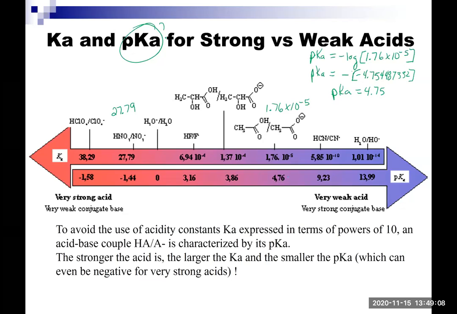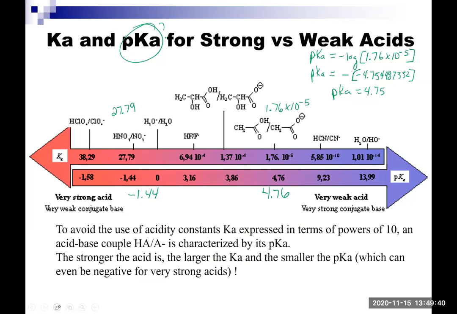Now, if we look here, they're showing us a pKa of 4.76, a slightly different calculator than we used, or a little bit different numbers. Maybe they trailed past the 1.76 and we didn't, and that's why they got a little bit different number. If we do the same for the 27.79, then we get negative 1.44 for the pKa of nitric acid.